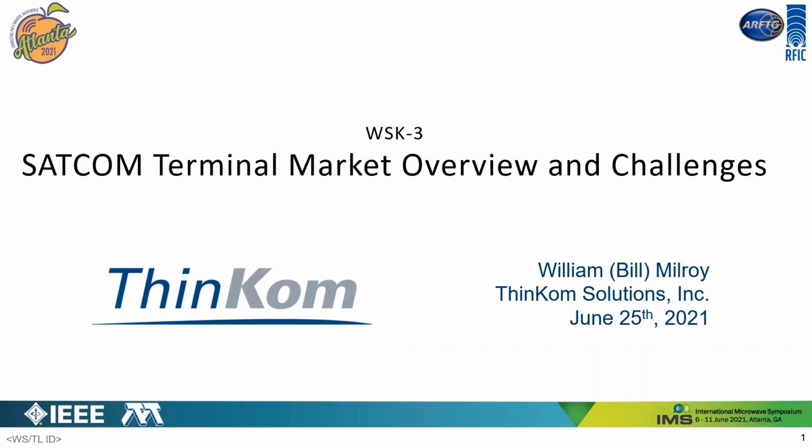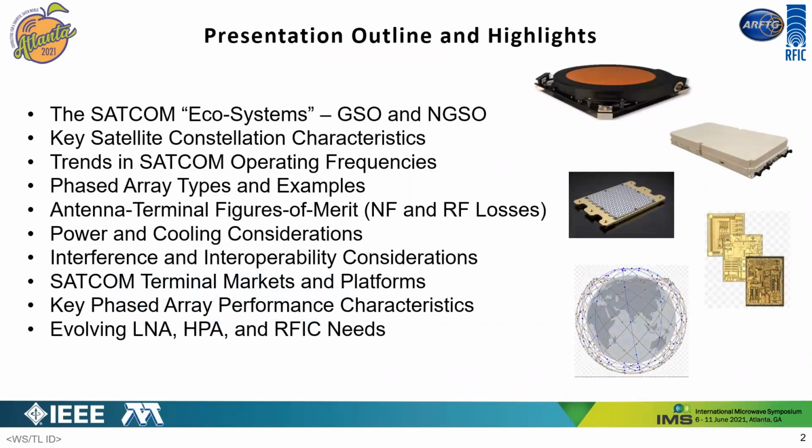In this workshop presentation, we'll discuss some of the current and trending considerations when designing and deploying modern SATCOM phased array antennas and terminals. So let's get started. We'll begin by discussing satellite constellations in general, touching on both GSO and NGSO types, along with their key characteristics and their distinctions.